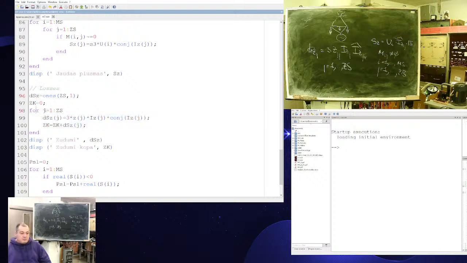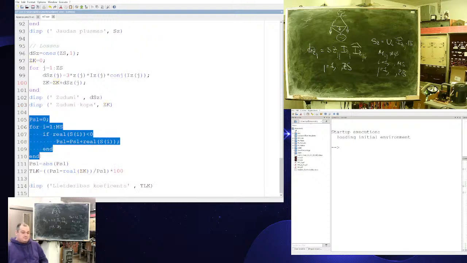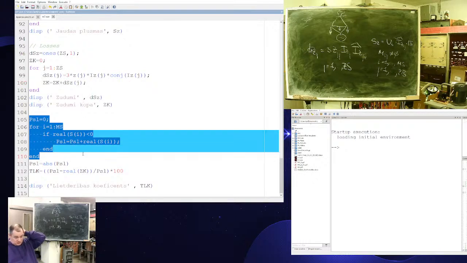I took branches one by one and here it is 3 because three phase, branch resistance, branch current, conjugation of the branch current. Total losses, in Latvian. I calculate total loss. Here I calculate total load. I don't need to think.